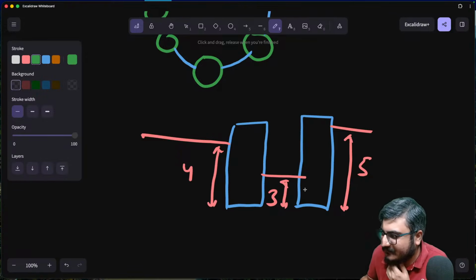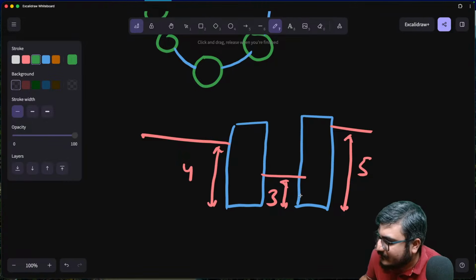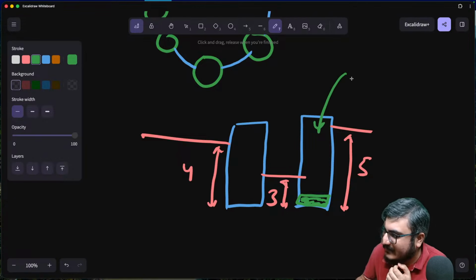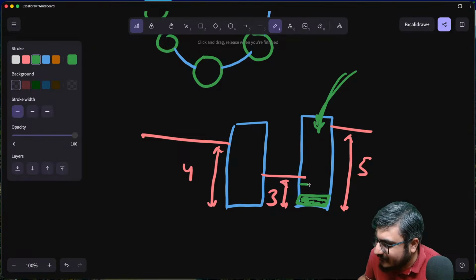What happens when you add the first 1 liter over here? This part will completely fill that 1 liter, right? Then let's say you add one more. The idea is you just keep adding water over here. Then when you add 1 more liter, the water would look like this.